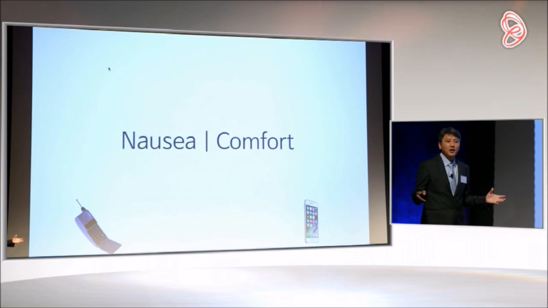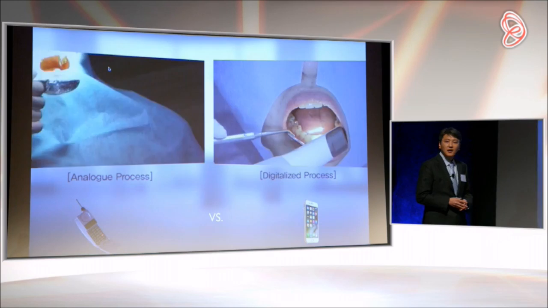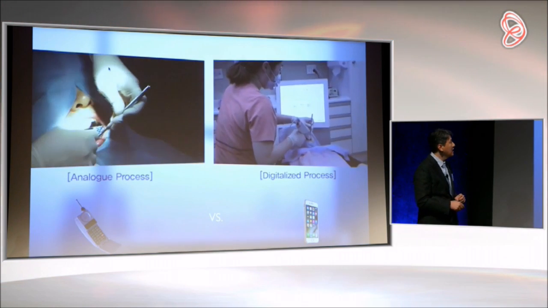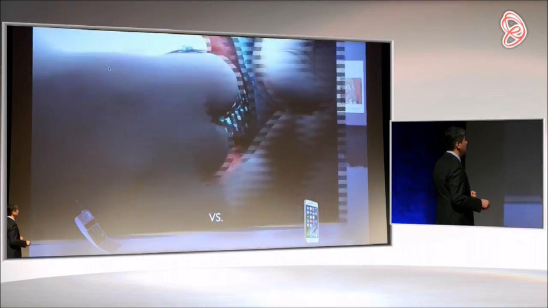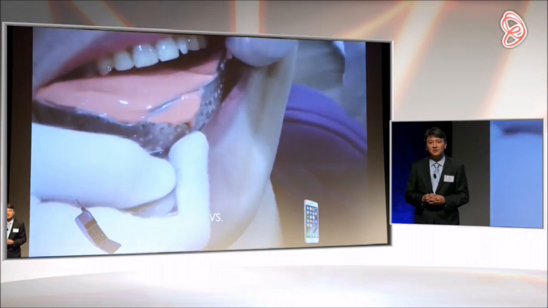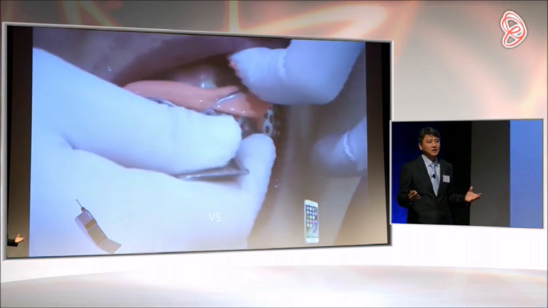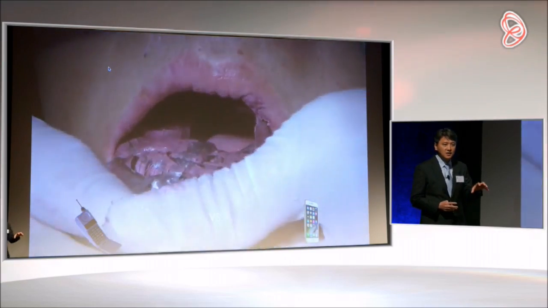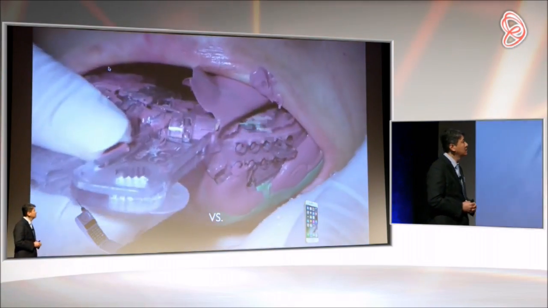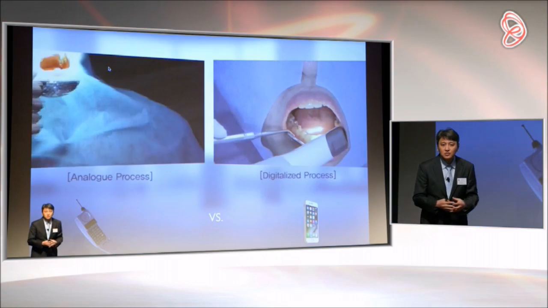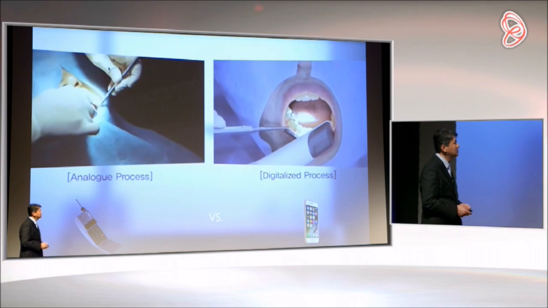So I want to compare what is the iPhone 7 in your practice and what is the older technology in your practice. If you are still taking impressions for your patients, please think again. We have a better technology called 3D scanner. A lot of my patients gag, and it's difficult to take impressions.